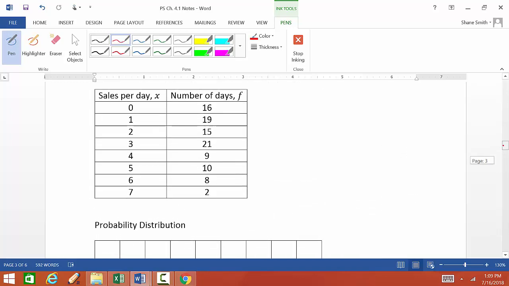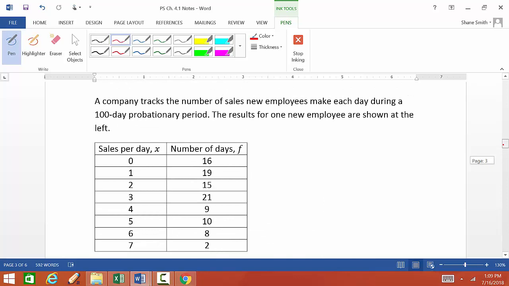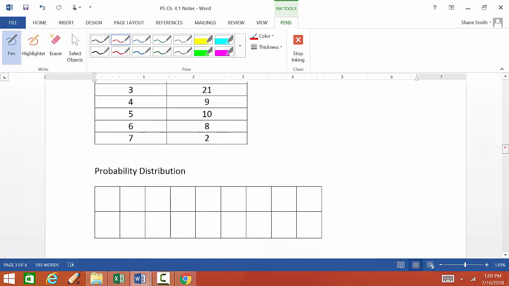So for the first one, you should have seen that there are 100 days total. It tells you in the problem, but you can also add them all up. And x represents the number of days. Oh, I guess we started at 0, didn't we? And so we take each number of days and we divide by 100.